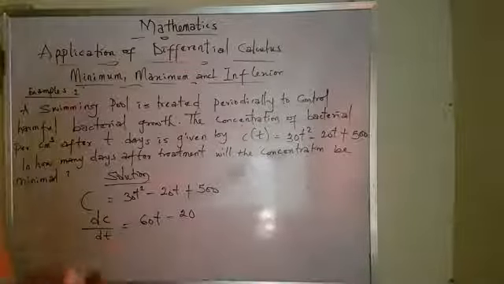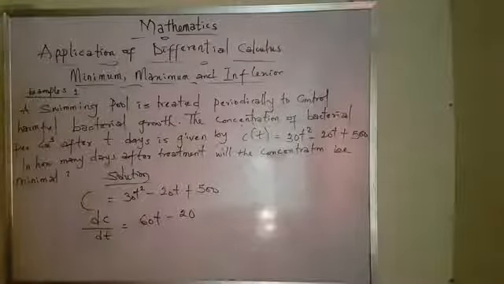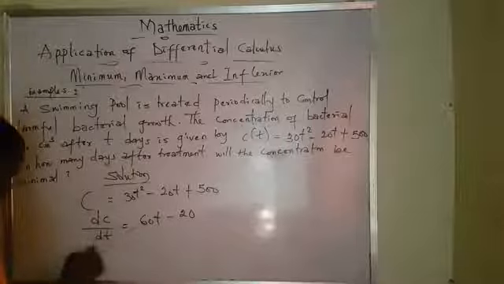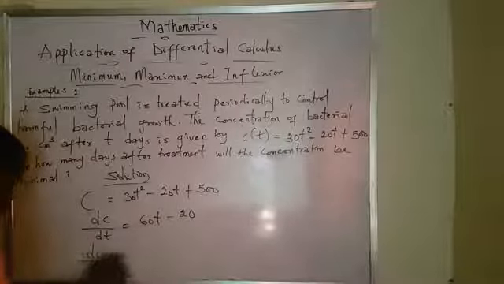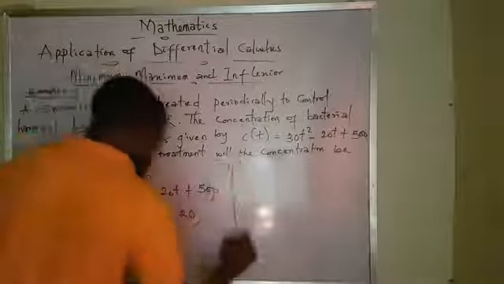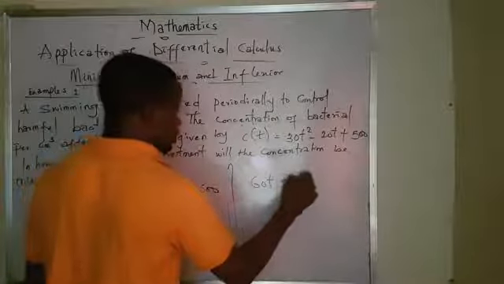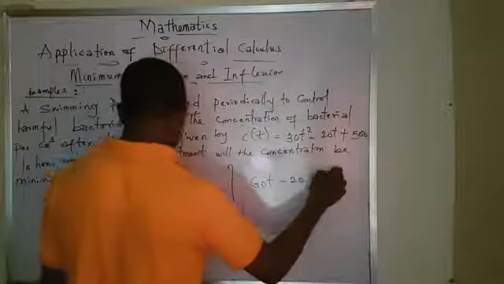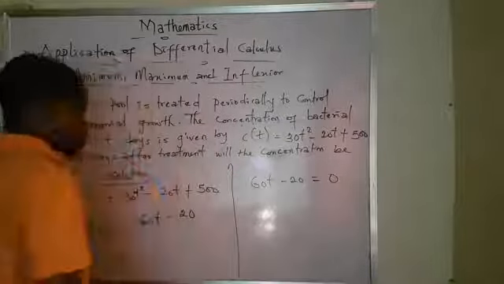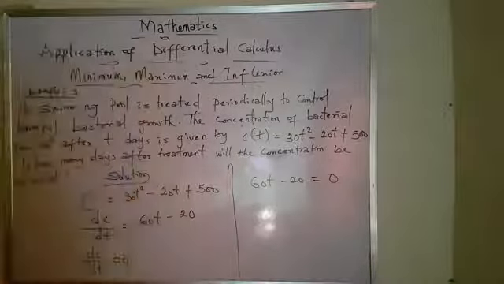For us to be minimal, we look for the turning point, and at that point, it should be equal to 0. So dC/dt will be equal to 0, and that implies 60T minus 20 can be equal to 0. You get that?